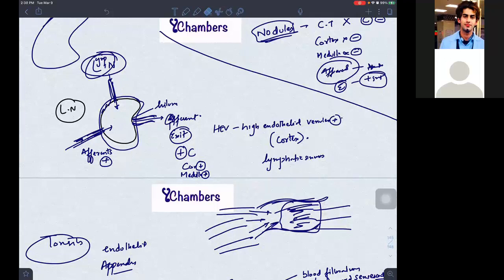That's how I remember. So the people who are high don't have high endothelial venules. The people who are low, like lymph nodes, they have high endothelial venules. Can we understand now? Is it easy now? I have made it easy.